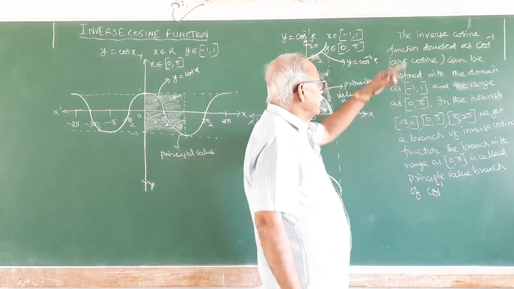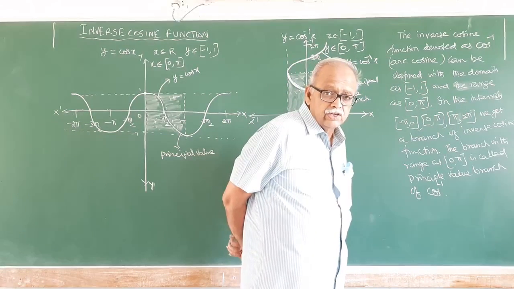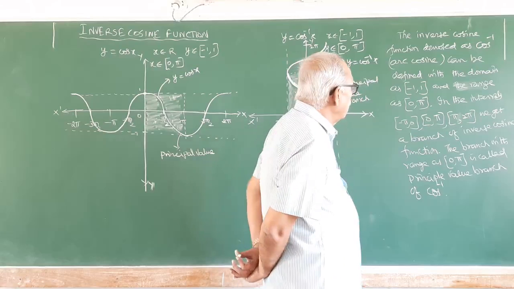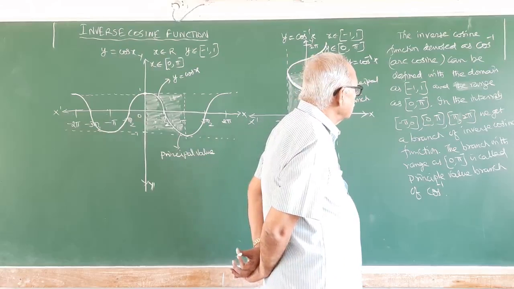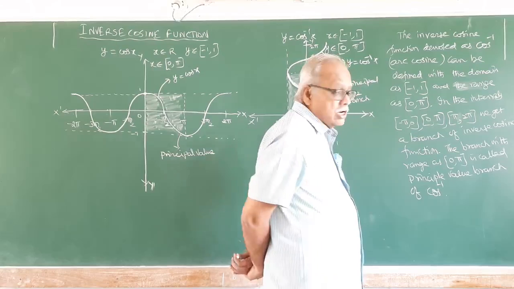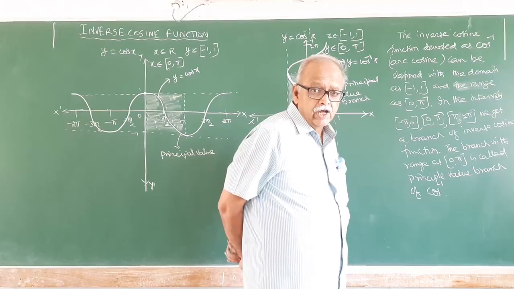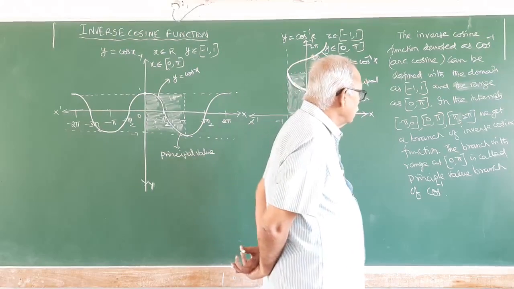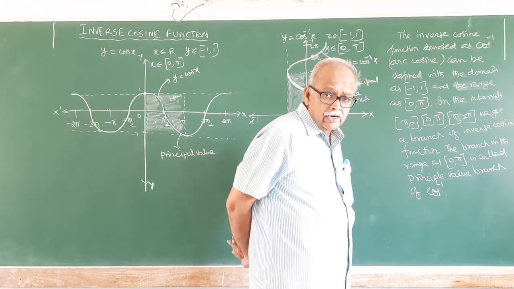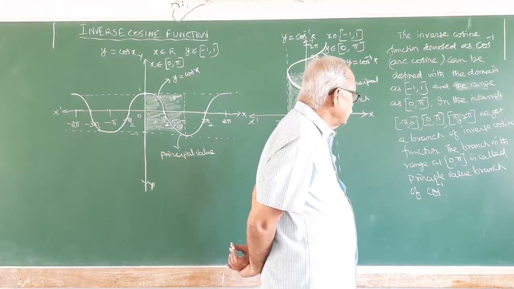Now this is over. Again I will read it. The inverse cosine function, denoted as cos inverse or arccosine, can be defined with the domain as square bracket minus 1 comma 1 and the range as 0 to pi.